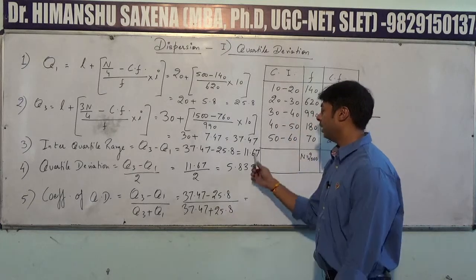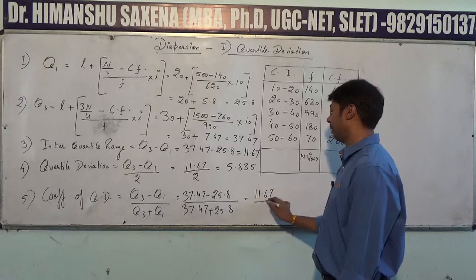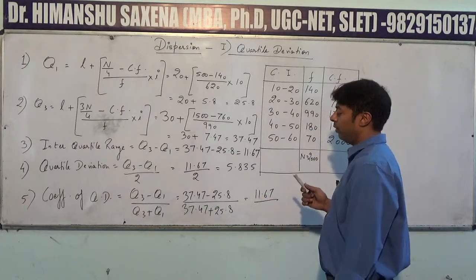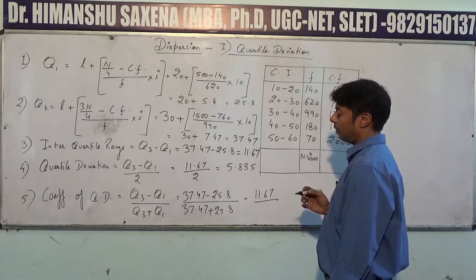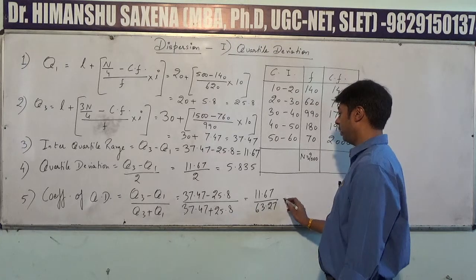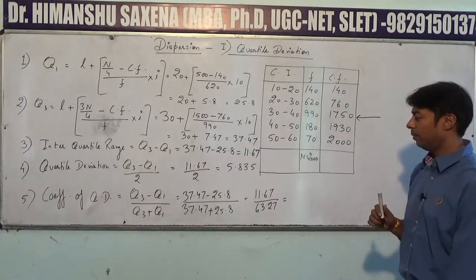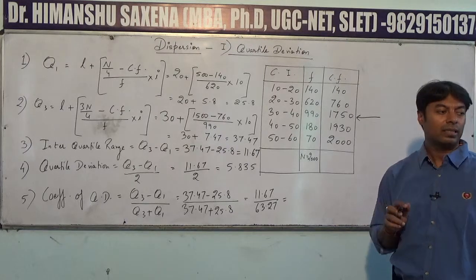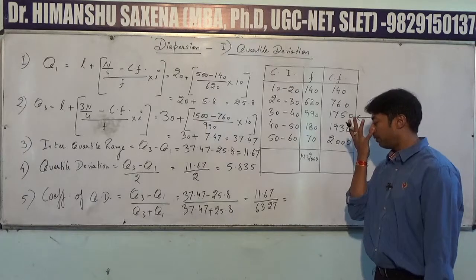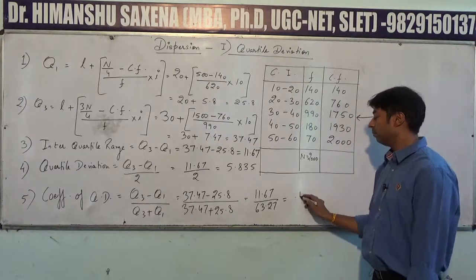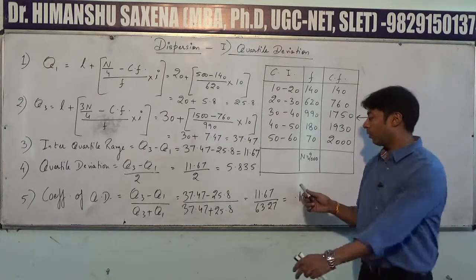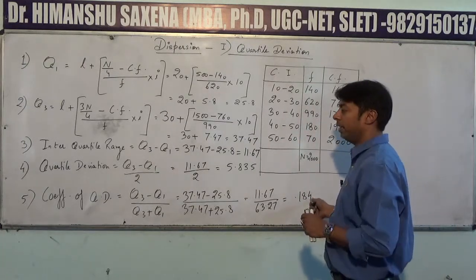Now you know the numerator part is 11.67. The total of 37.47 and 25.8 is 63.27. Now the final answer, 11.67 upon 63.27. The answer is 0.184. So the coefficient of quartile deviation is 0.184.